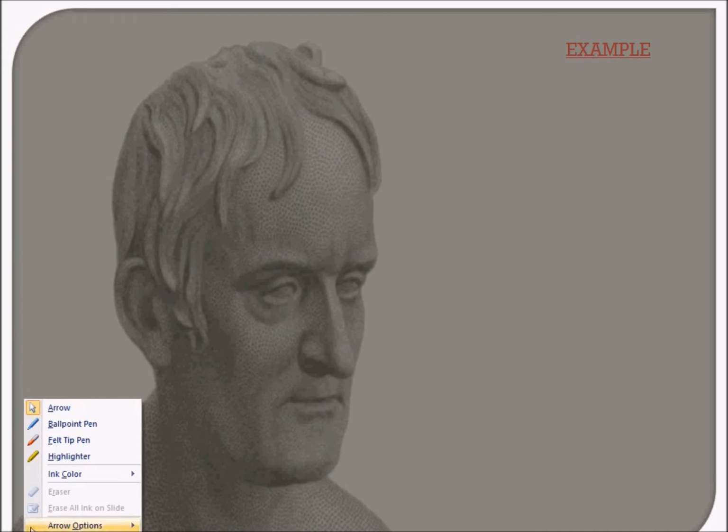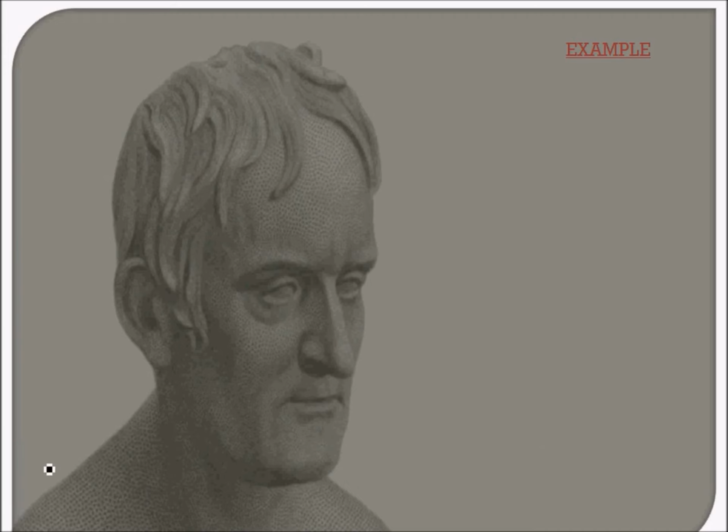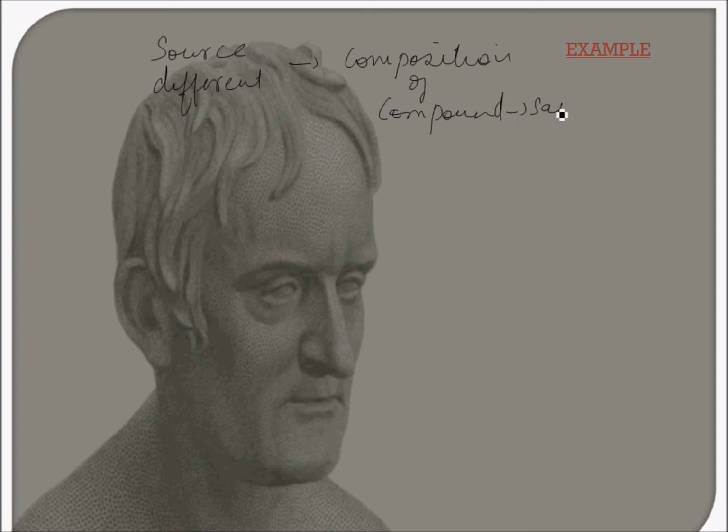Here we know the law of constant proportion. What is that? It means that the sources can be different, but the composition of a compound will be the same.